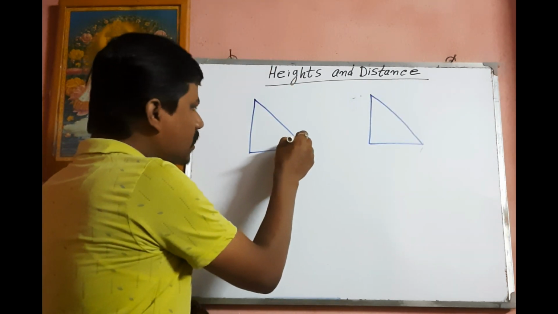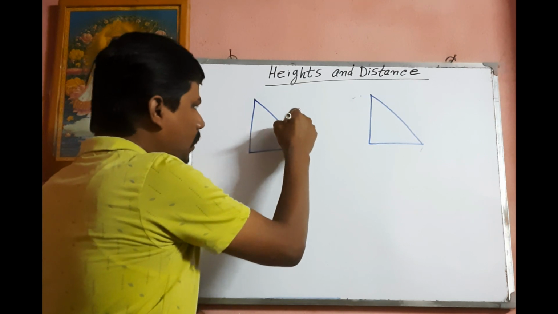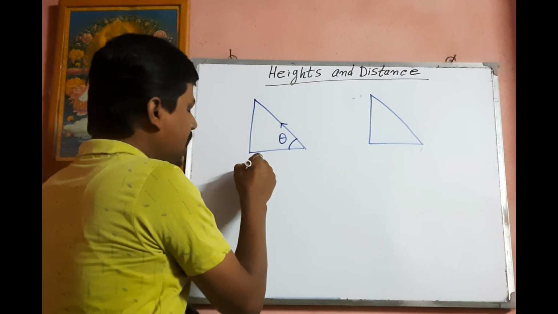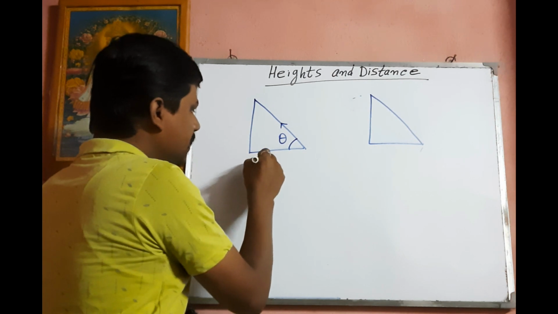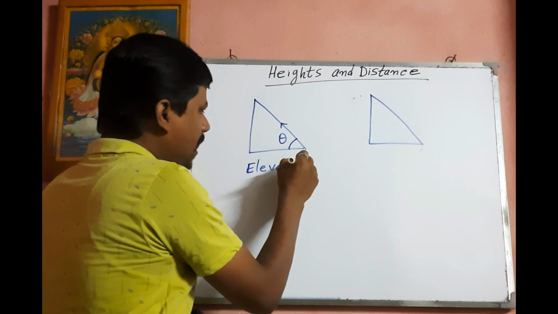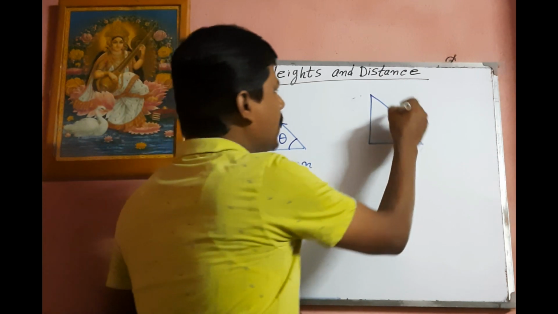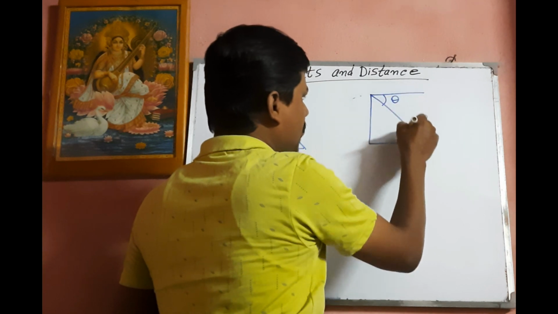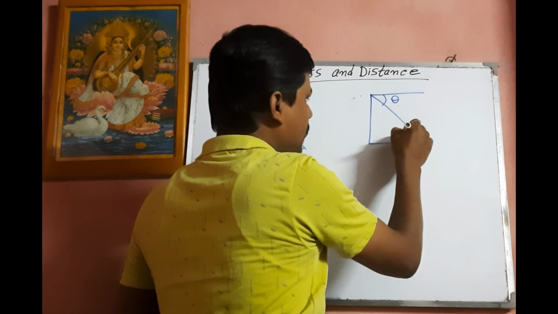So angle of elevation, when we measure this angle, this is theta, this is the angle of elevation. And angle of depression, when we discuss these types of angles.